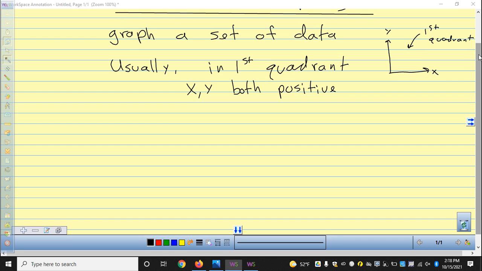Now, scatter plots are useful because they can help us see trends in data. What is happening? Do things get bigger or do things get smaller? Do the things seem to be related in any way at all?